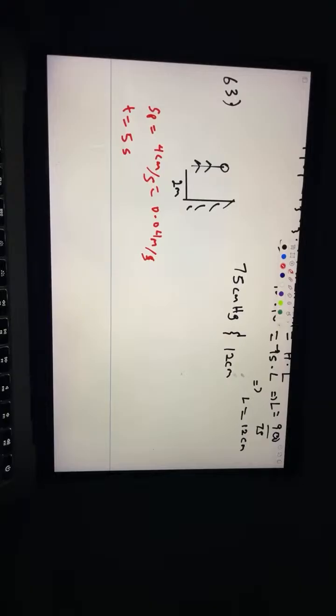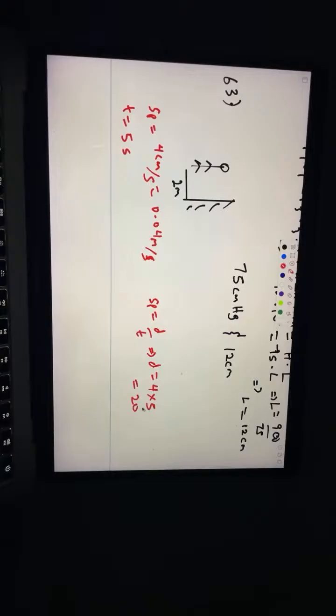So in this situation, you use that speed equals distance over time. So what distance would he have covered now? The speed is 4 and the time will be 5.